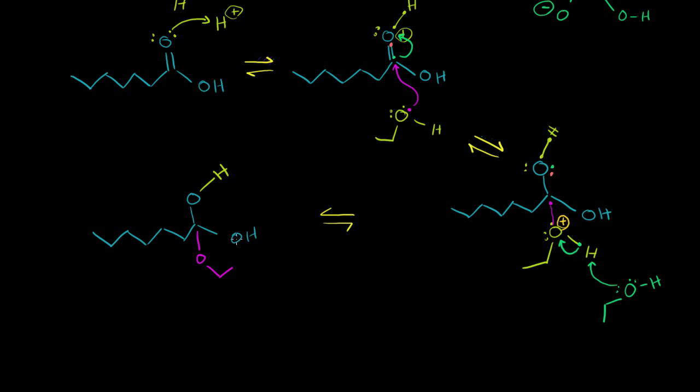Now the next step, this OH group, especially the oxygen in it, could grab a proton from the surrounding solution. He's got these two lone pairs. He can grab a proton from one of these protonated ethanols, from the sulfuric acid, or maybe from one of these other intermediate molecules. That's the whole point of having this acid catalyst. So he could donate an electron to a proton and then form a bond with it.